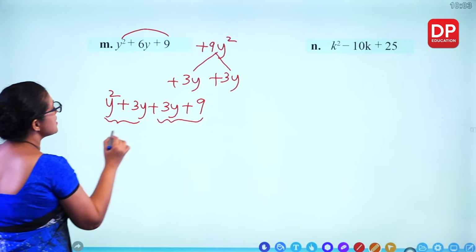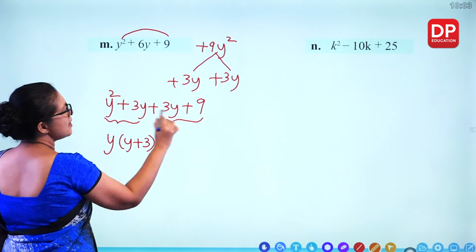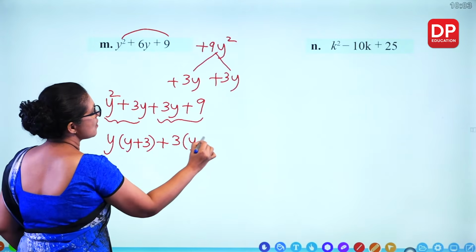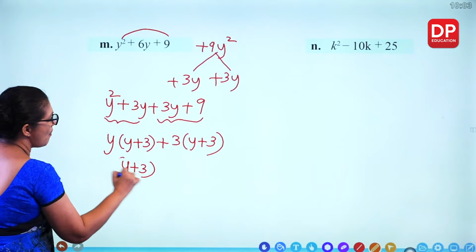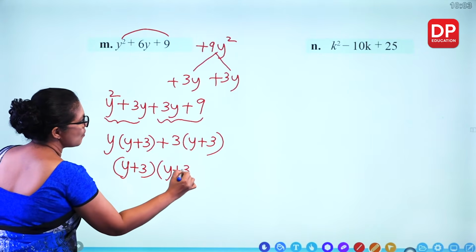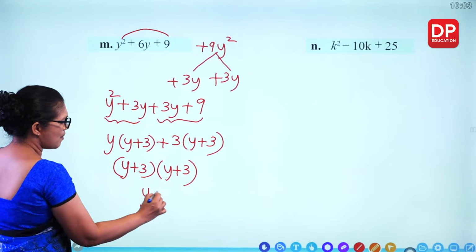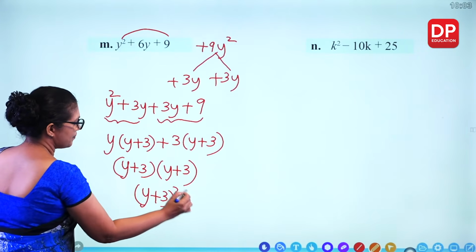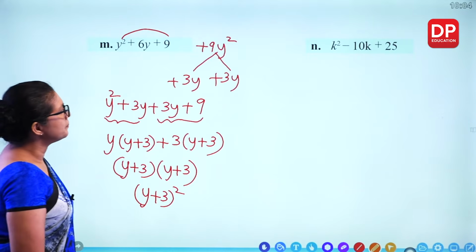And take 2 at a time. You get y plus 3. When you take 3 out, that's also y plus 3. Now y plus 3 is common. You get y plus 3. So you can write instead of this y plus 3 squared. Doesn't matter. Either you can keep it like this or write as a square term.